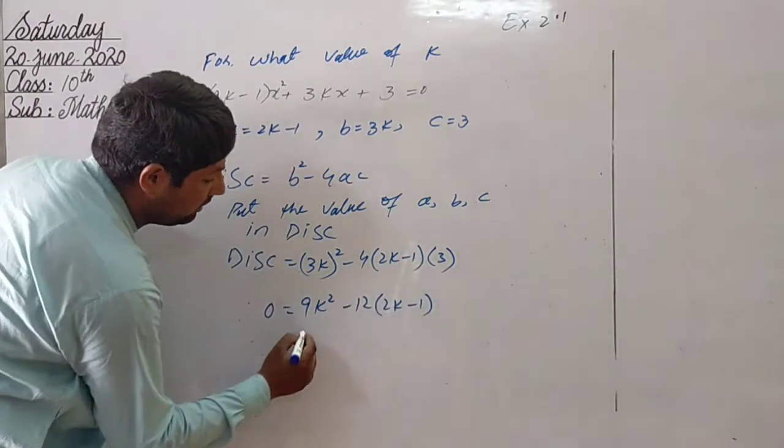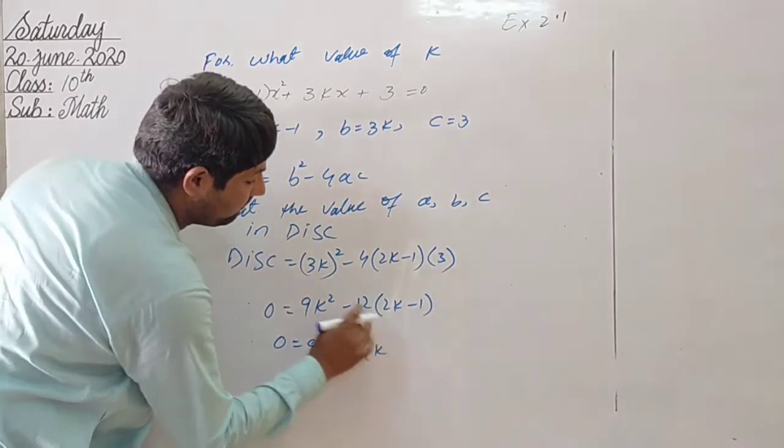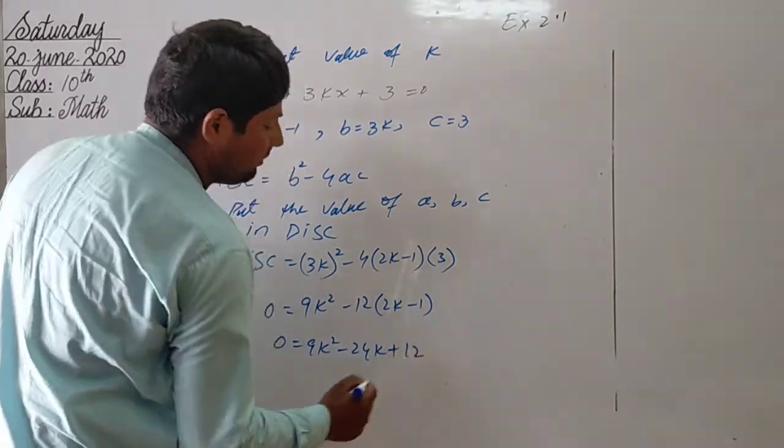Now multiply by the 12: 0 is equal to 9k square minus 24k plus 12.